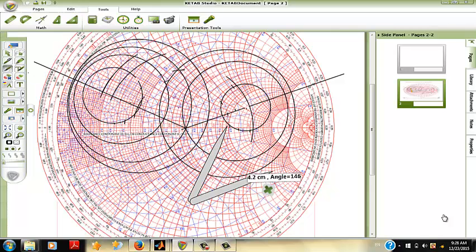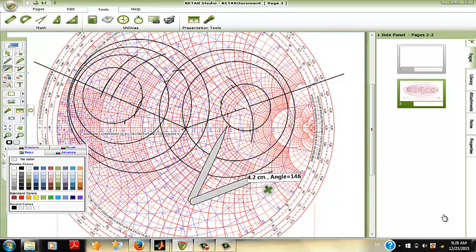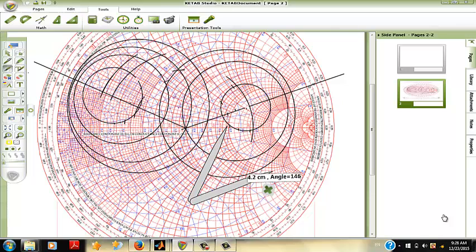So as we go clockwise, we are adding series inductor, and then by following the blue circle, with the yellow color, to reach the center clockwise.